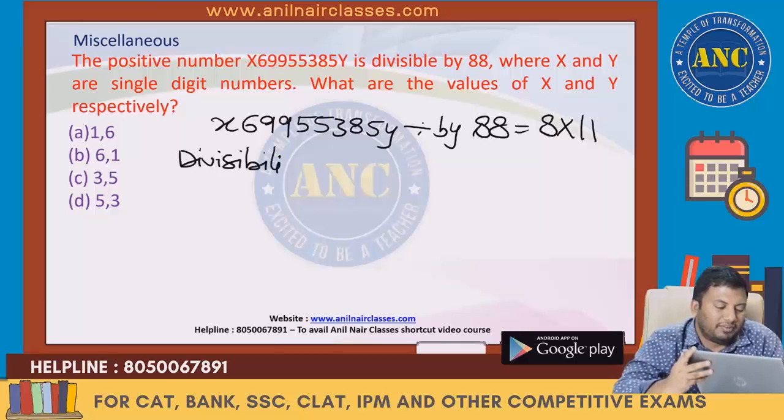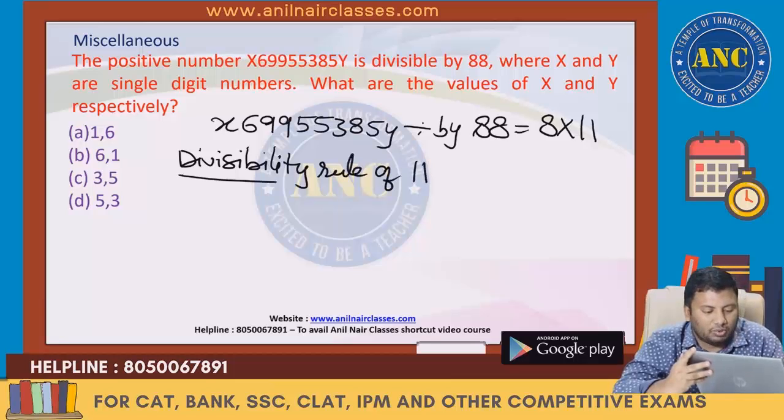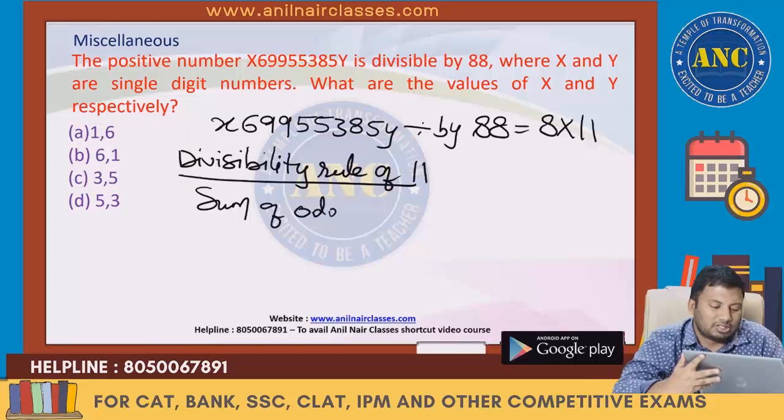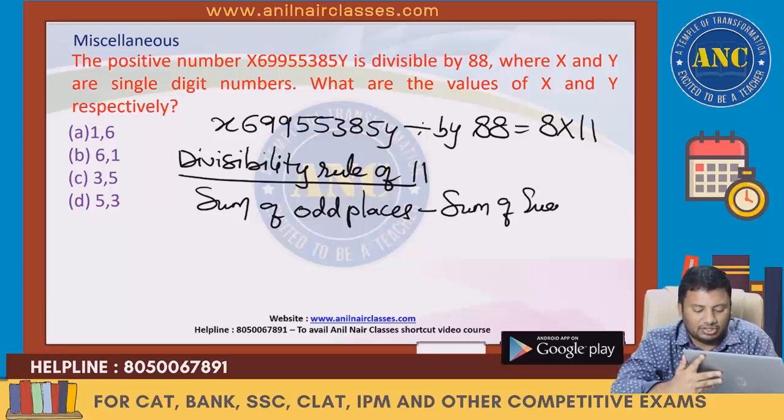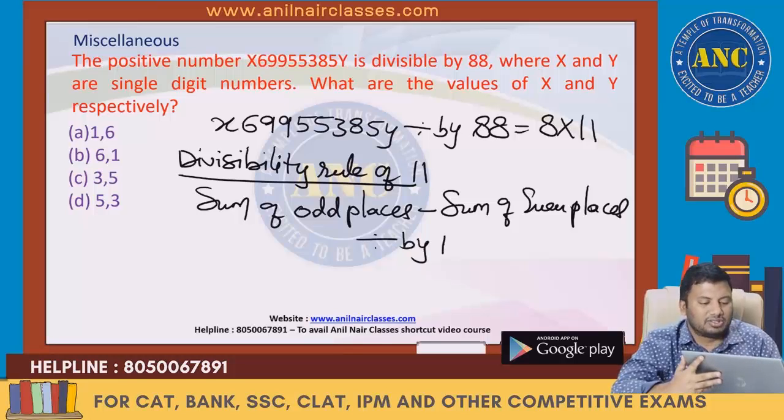Divisibility rule of 11 is sum of odd places minus sum of even places. These you can solve. I'll just give you the idea. It should be divisible by 11.